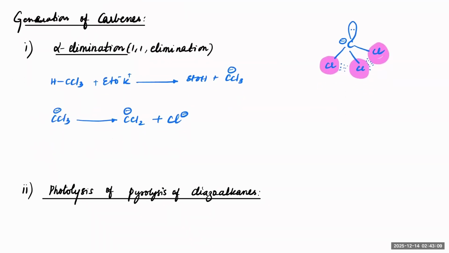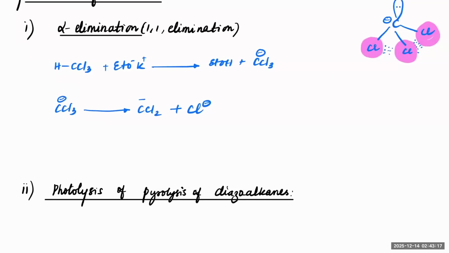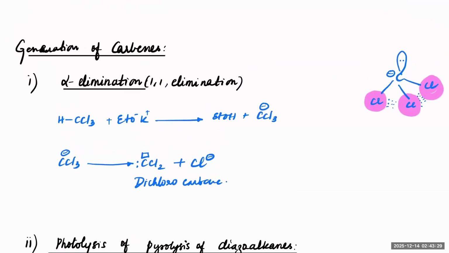To avoid that repulsion, one of the chlorines will come out, creating CCl2 with no minus charge. Now you notice that it has an empty orbital with a lone pair. This is the dichlorocarbene. This is called alpha elimination because hydrogen as well as chlorine, both of them go from the same position.